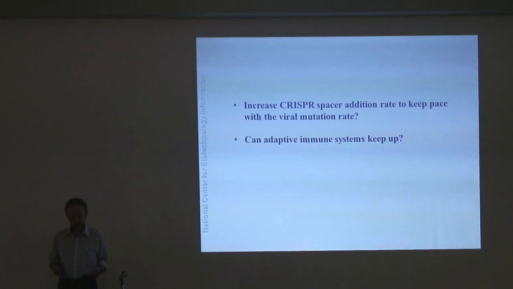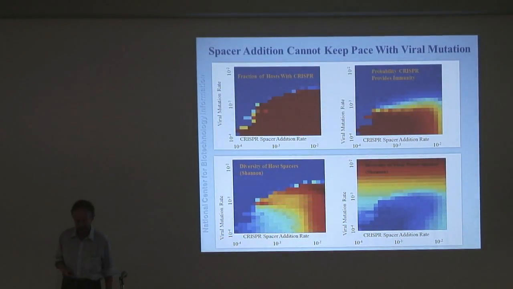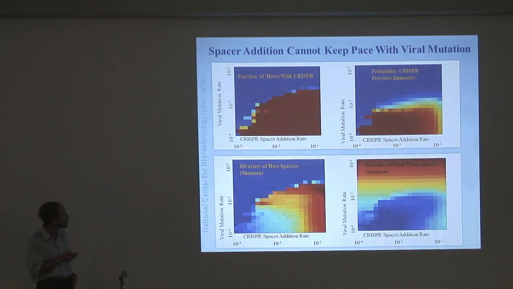So, what happens if we increase the spacer addition rate to keep pace with the virus? Can the adaptive immune system stay in the race? The answer is no, not really. These terminal maps show you CRISPR spacer addition rate against the virus mutation rate.